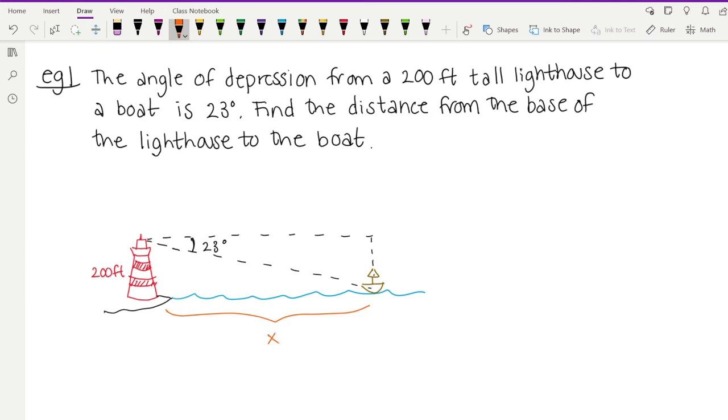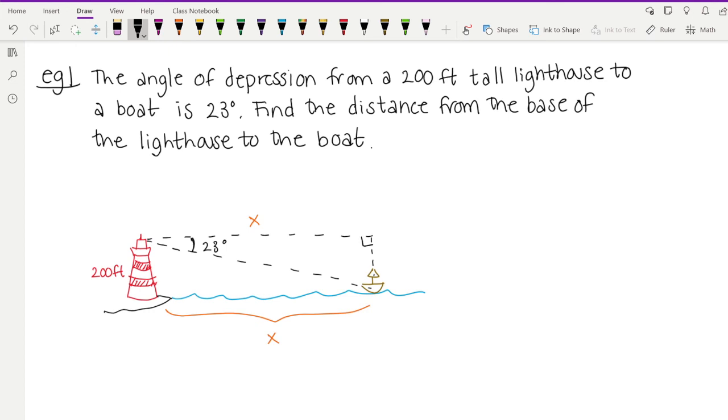But if we look at the triangle that is basically jumping out in this problem, it makes more sense to actually label it up here, right? It's the same distance. It's kind of like forming this big rectangle. But in order to make use of this 23-degree angle, we really want to be able to use this right triangle up here. And so let's label that side across as X. And by the way, you could actually use this triangle down here.